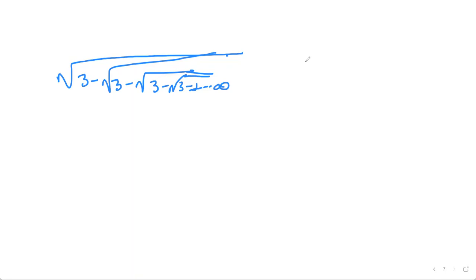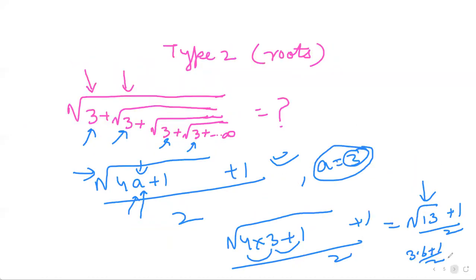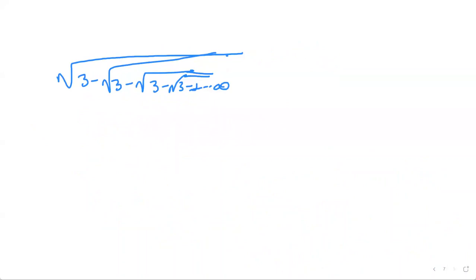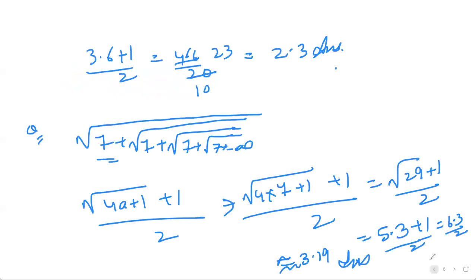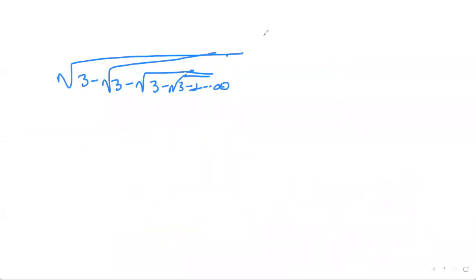Miss Chitra, what is the difference between this question and the previous ones? The difference is that here minus is there, here minus is there, here minus is there.